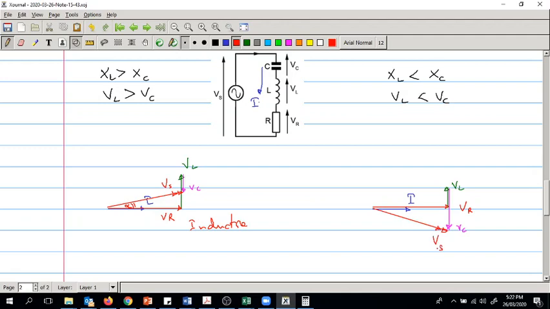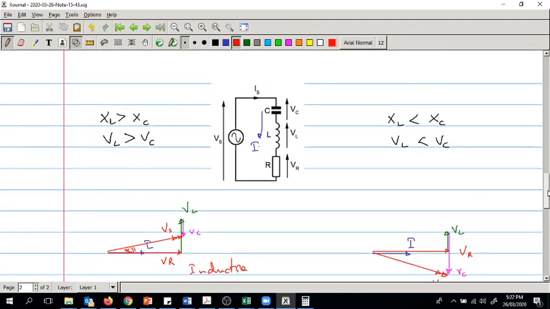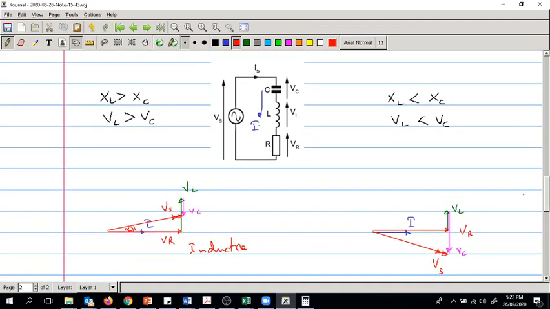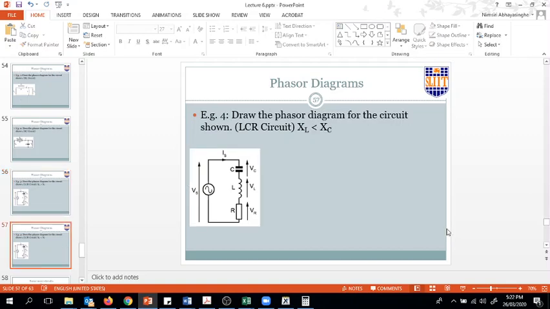So VS. Now you can see that the angle is negative, so this is capacitive, right? Phase angle is negative now, right? So nothing to worry, just start from the in phase component and keep on drawing all the parameters, you get the phasor diagram.